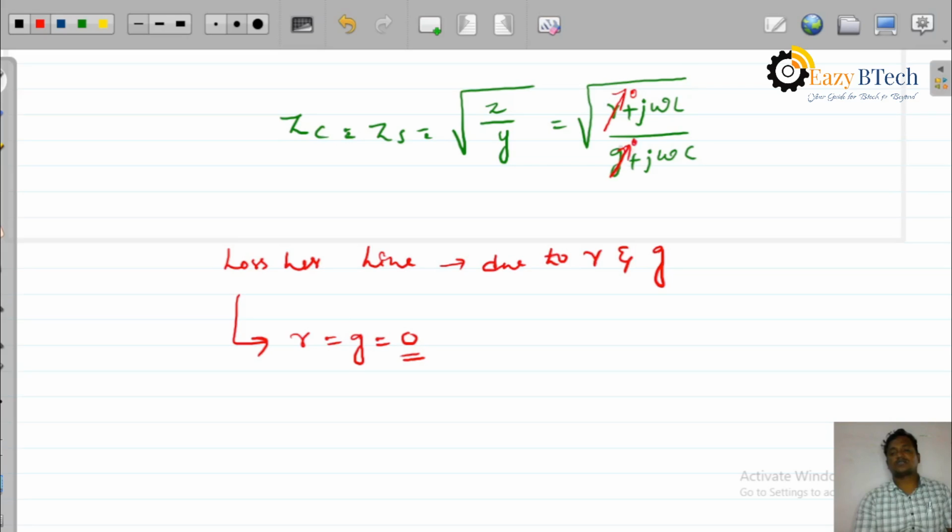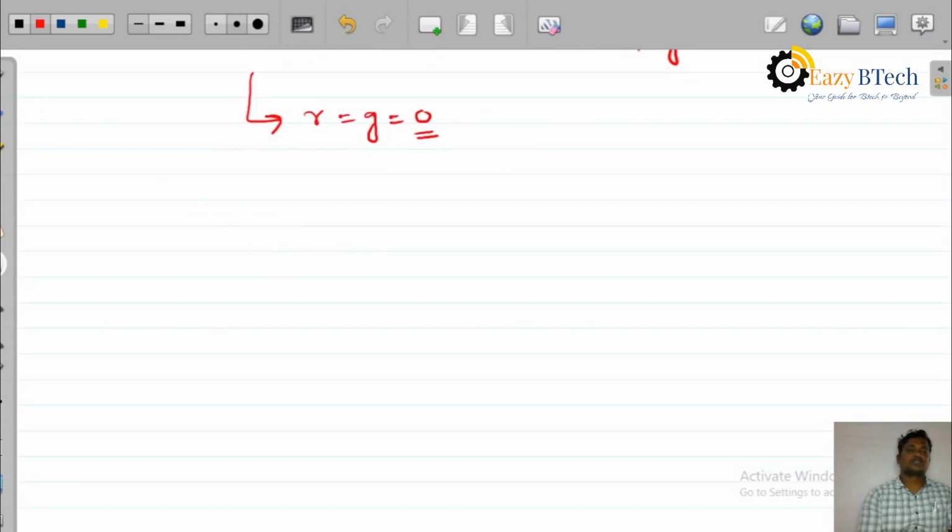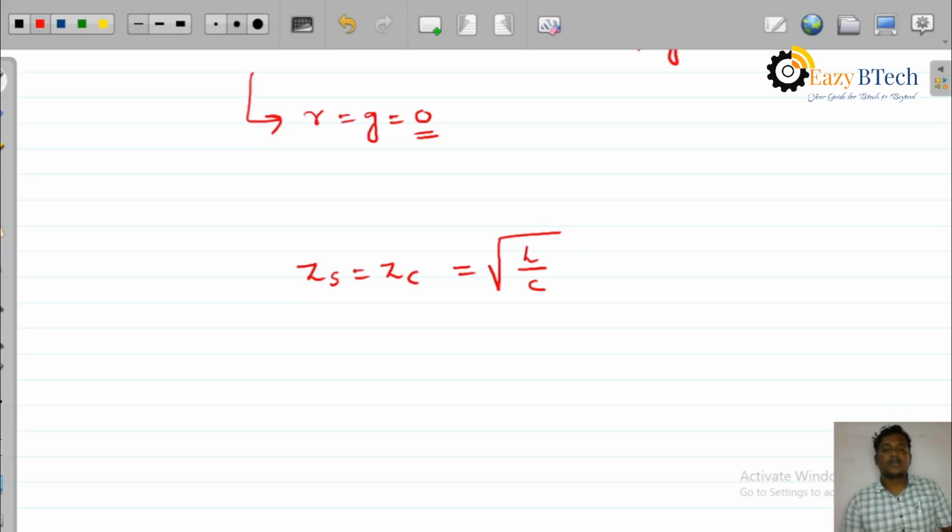Then J omega by J omega cancels, and we get the surge impedance, or characteristic impedance, or natural impedance, as root L by C.